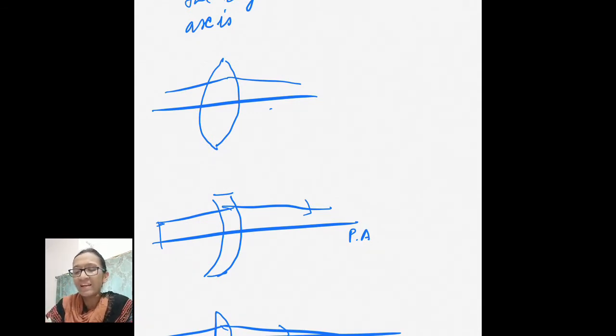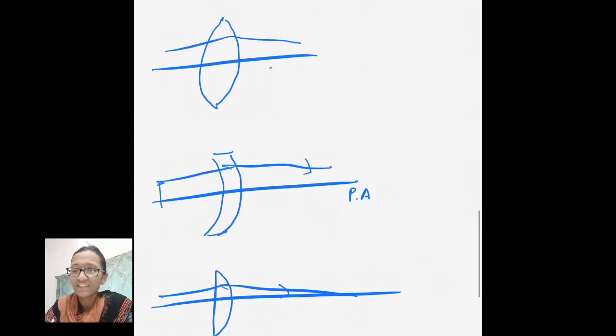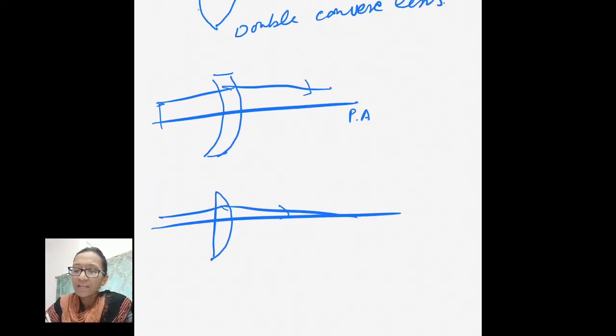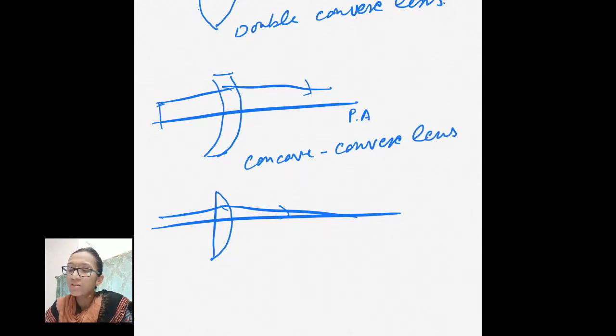Now let us name all these lenses, and as per the shape of their surfaces you can name very easily. This is double convex lens, and this is your concave convex lens, also called, since it is converging, converging meniscus.